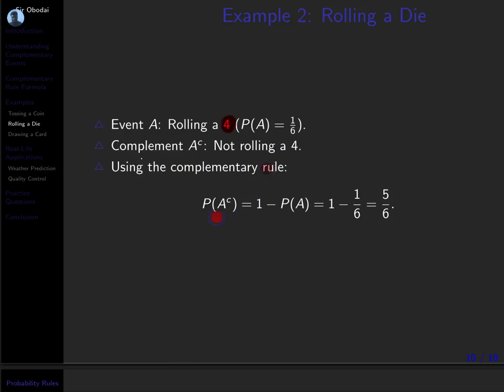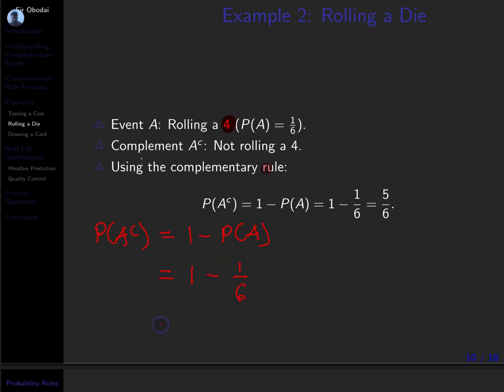So using our complementary rule, which is 1 minus the probability of the event is equal to the probability of the complement. That is, the probability of a complementary event being 1 minus the probability of the event itself. We are going to get 1 minus, this time around we have 1/6, right?